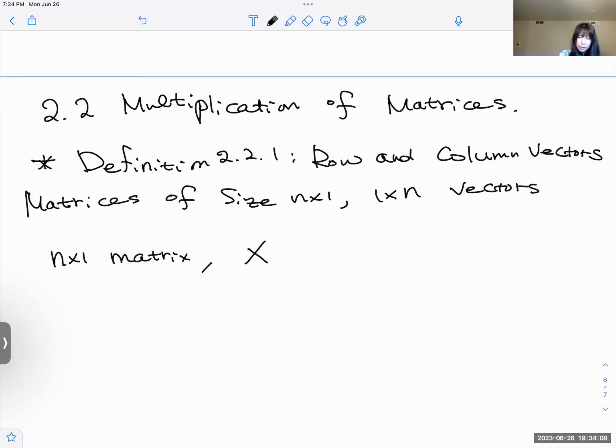So X equals the column x1, x2, up to xn, because it is n by 1, and so we call it a column vector.